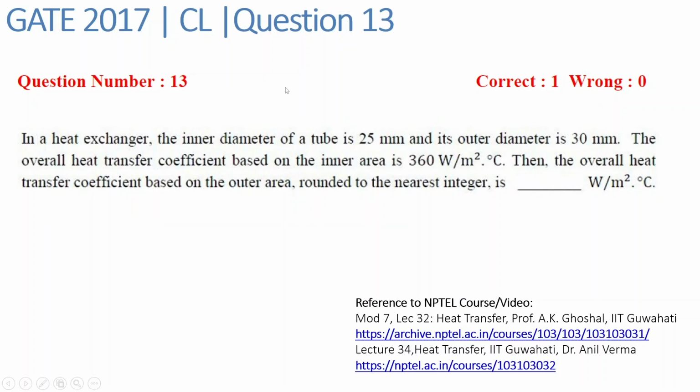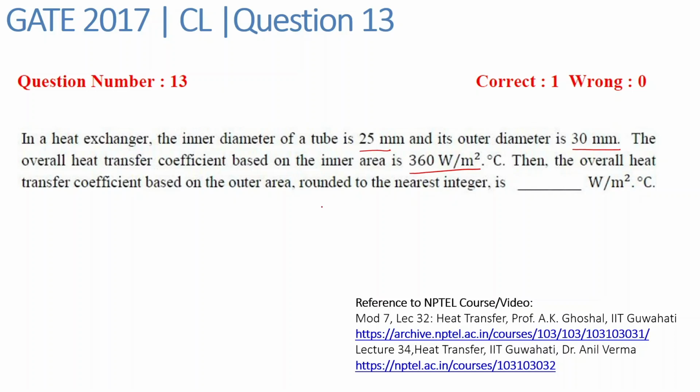Hello everyone, we are solving question 13 of GATE 2017 Chemical Engineering paper from the subject of heat transfer. The question is, in a heat exchanger, the inner diameter of the tube is 25 mm and its outer diameter is 30 mm. The overall heat transfer coefficient based on the inner area is 360 watt per meter square degree Celsius.